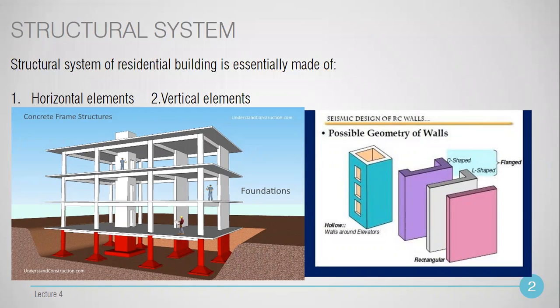In residential buildings in Europe, reinforced concrete structures are usually used. On the other hand, in America or Asian countries, steel and wooden structures are often used. Why?